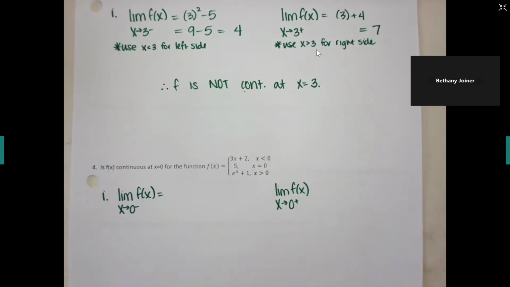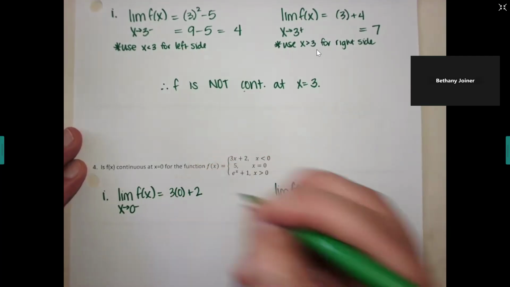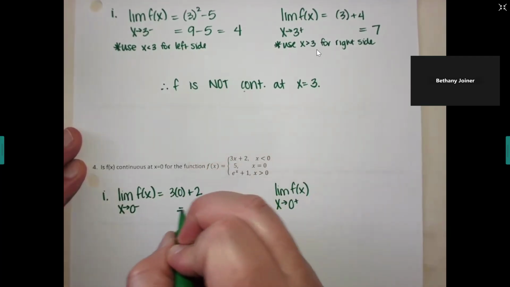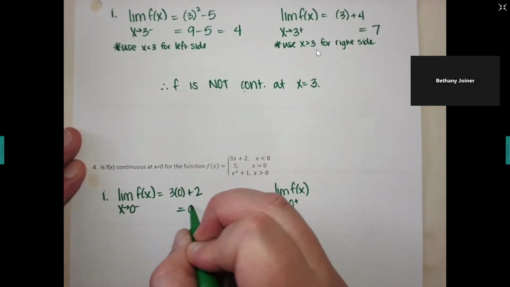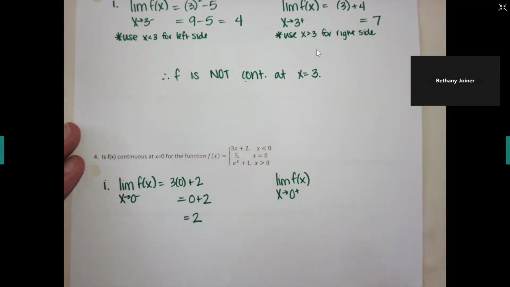Okay, this time we have a top, a middle, and a bottom. Where will I get my left side limit from? Which part of the piecewise? Top, 3 times 0 plus 2. 3 times 0 is 0. 0 plus 2 is what? 2. Silly guy. That's okay.